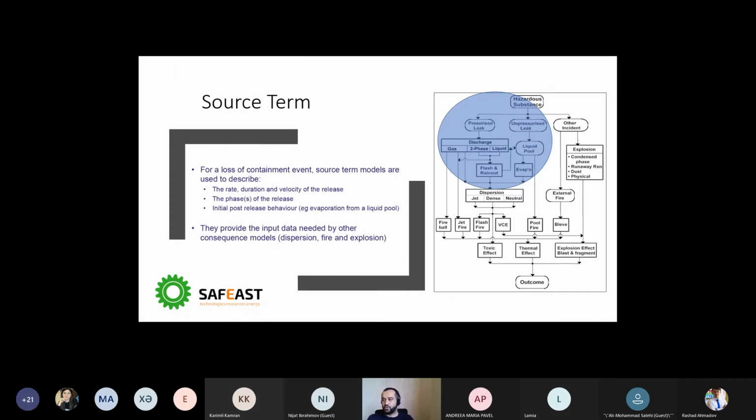So when we talk about the release and the hazardous substance becoming a dangerous outcome, we always start from the source term. So source term is either a pressurized or unpressurized leak, and its different discharge, which can make a flash, rain-out, evaporation, or liquid pool.